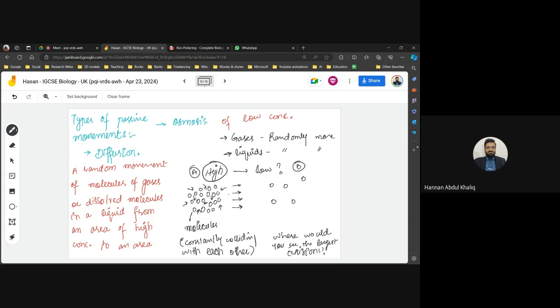The collision is moving them apart. Now they would simply be moving from area of high concentration to area of low concentration because of this collision.